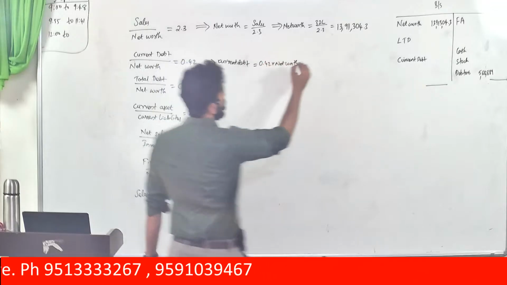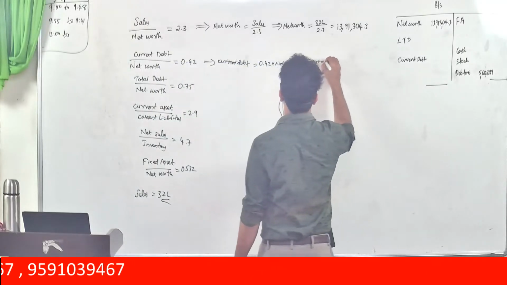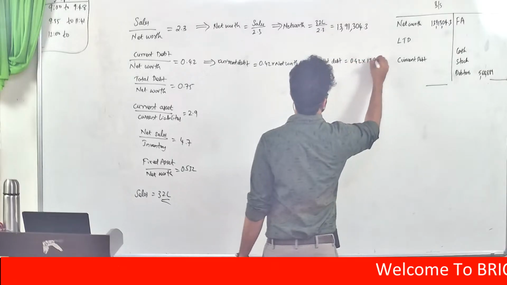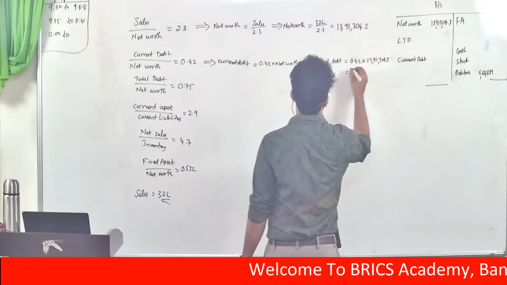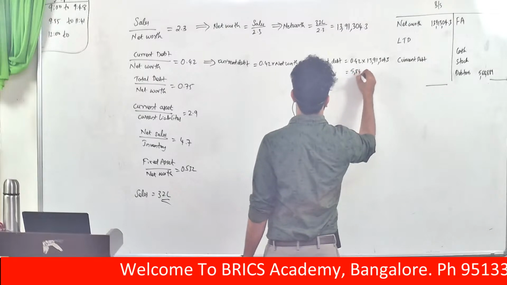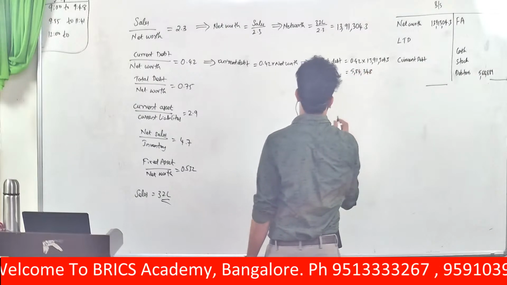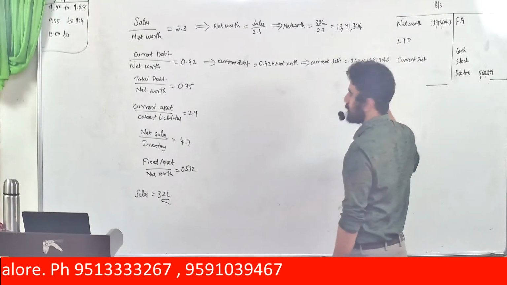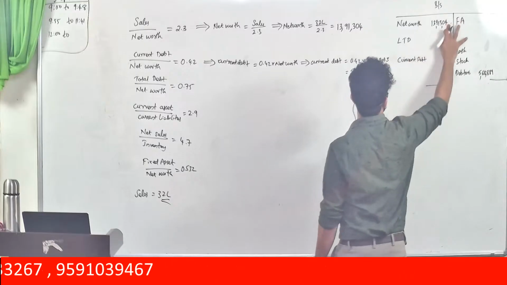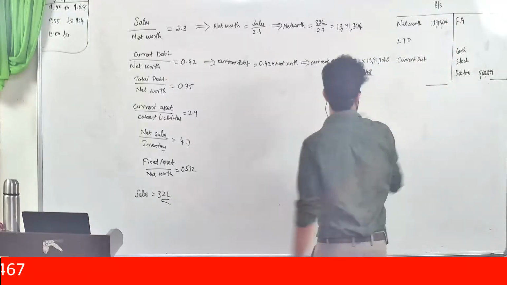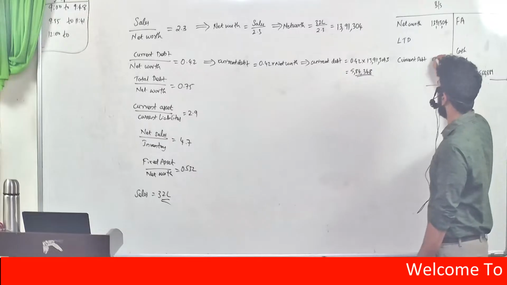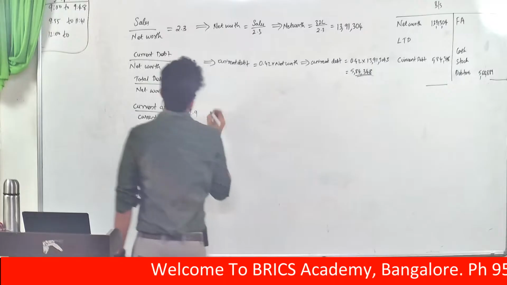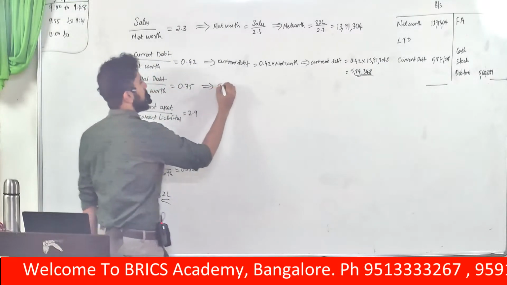So current debt is 0.42 into 13,91,304.3, which is about 5,84,348. Let me fill this. Then here we can also find out total debt.